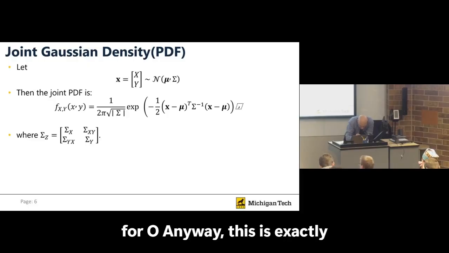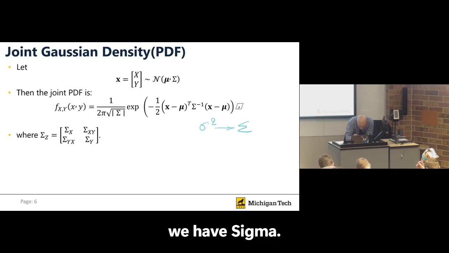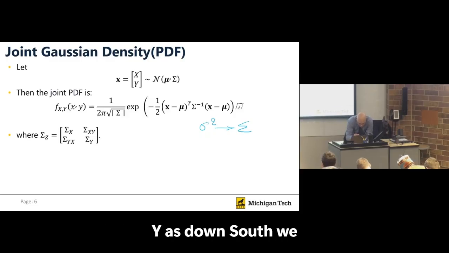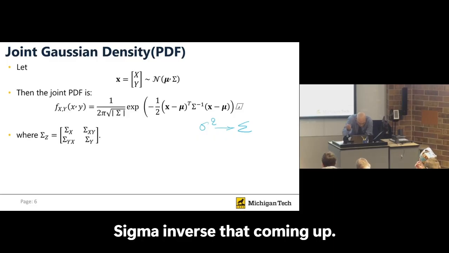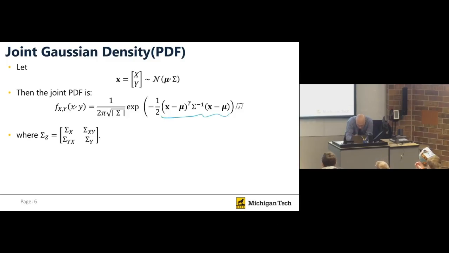Anyway, this is exactly that. But instead of sigma squared, we have capital sigma. And you remember, sigma squared was down, so now we have capital sigma inverse coming up. So this form is called quadratic form.